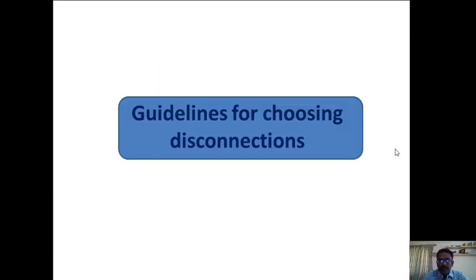In today's class we will see some guidelines on how to do the disconnections. In a molecule there will be a lot of bonds, a lot of C-C bonds or C-X heteroatom bonds. We will break the bonds one by one to arrive at the starting material. So which bond do we have to break first?